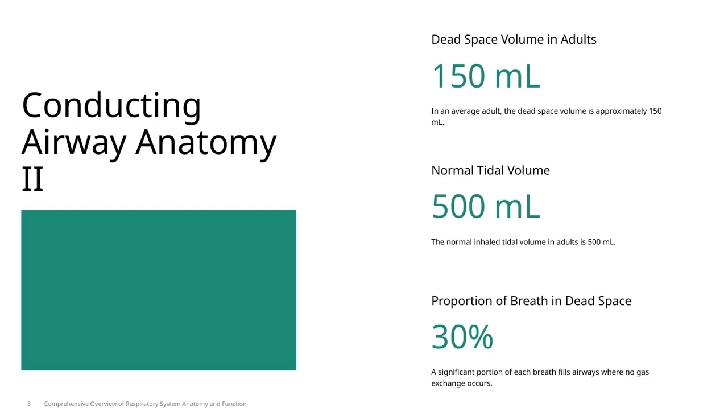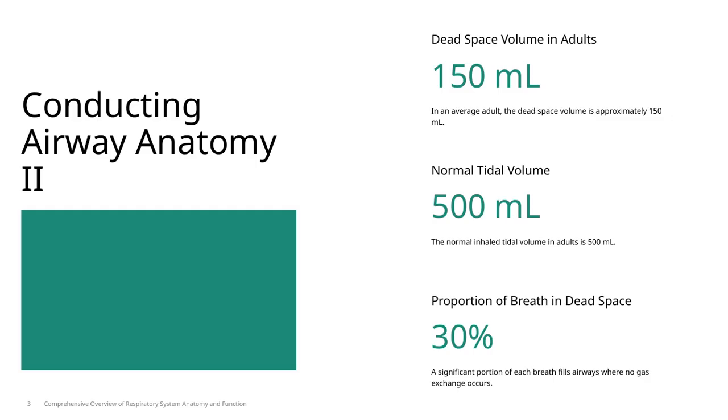Now moving on to the tidal volume, the amount of air inhaled or exhaled in a normal breath. In adults, this is typically around 500 milliliters. So, when you breathe normally, about 500 ml of air moves in or out with each breath. But here's an interesting point. A significant part of that breath, roughly 30%, actually fills the dead space.